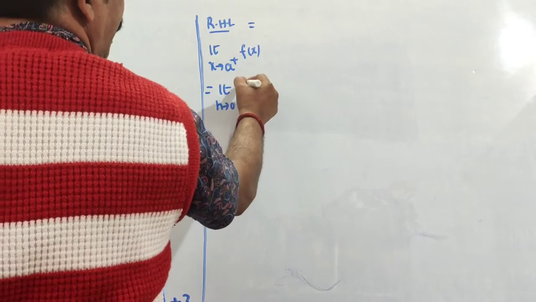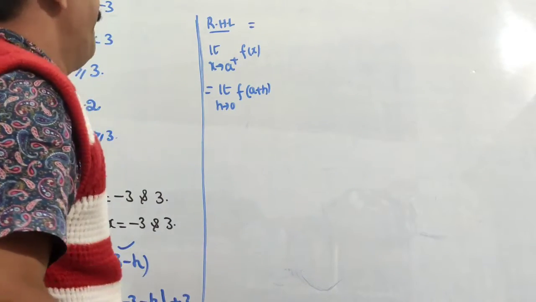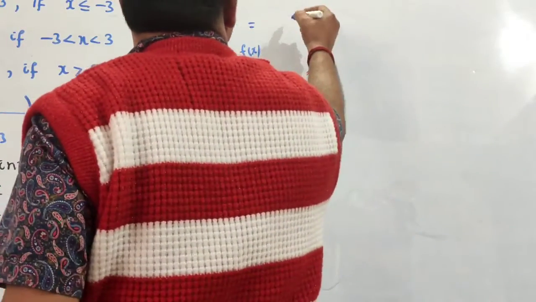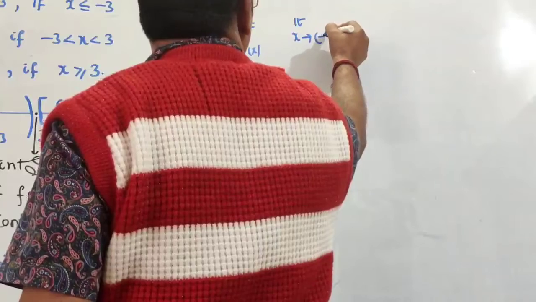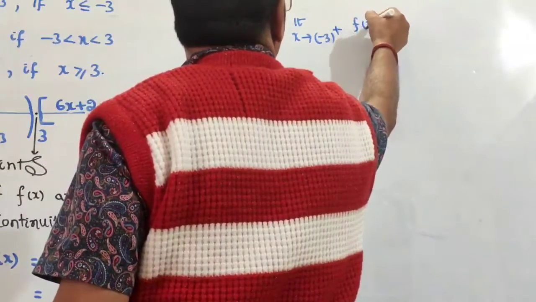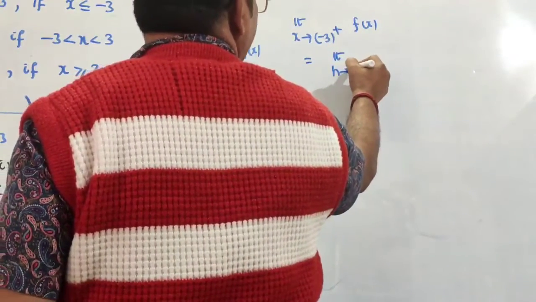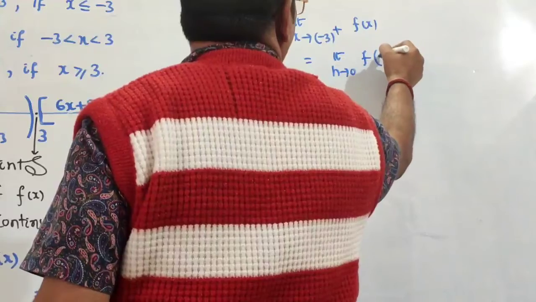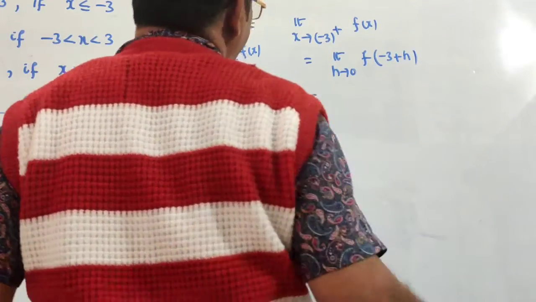Limit h tends to 0 of f of a plus h. So the right hand limit is limit x tends to a, which is minus 3, plus of f of x. So what is the formula? Limit h tends to 0 of f of a plus h.